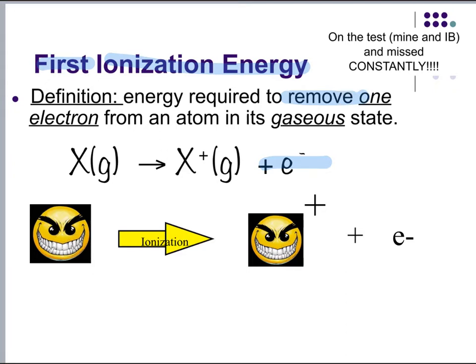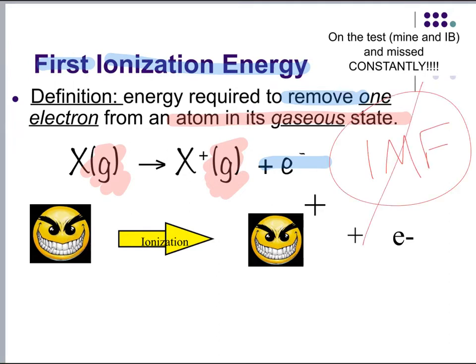There's a very, very important stipulation that you have to remember, and that is that the atom must be in a gaseous state. It has to be in the gas phase. And that is because only in the gas phase have you essentially eliminated all of your intermolecular forces. So you've got to be comparing just the ionization energy of pulling that electron out, considering only the attraction between the atom itself.